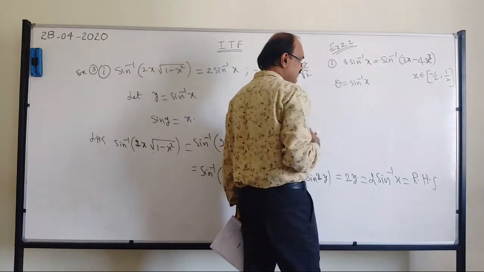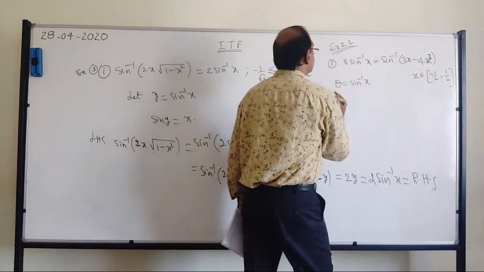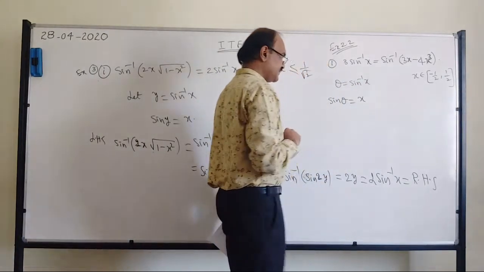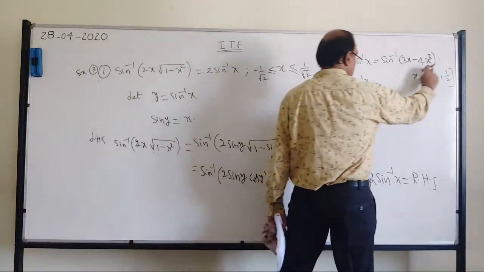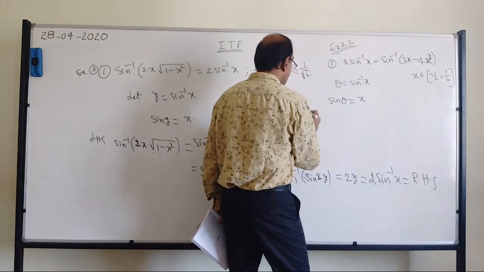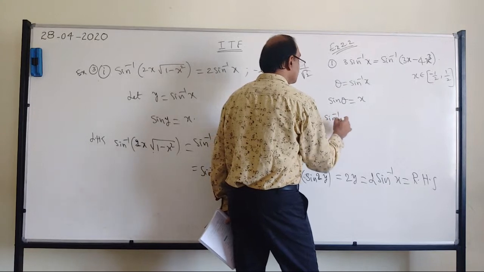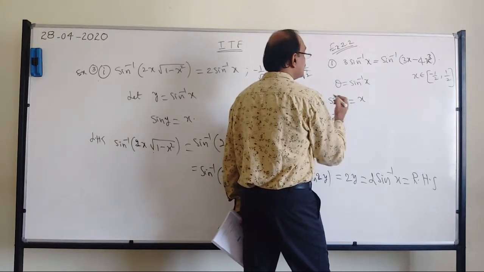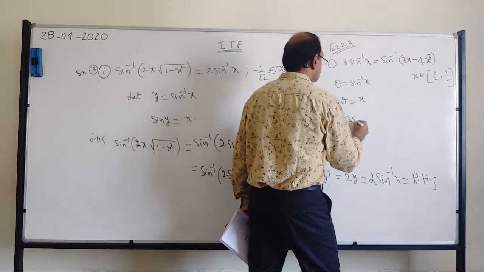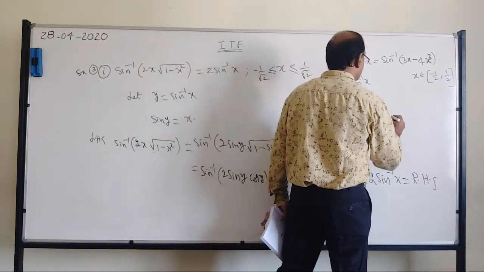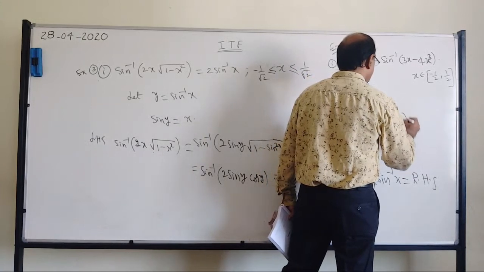Okay, let me take one problem with theta. So sin theta is equal to x. Now you take this RHS first. RHS is equal to sin inverse, wherever x is there, you put sin theta. That is 3 sin theta minus 4 sin cube theta.